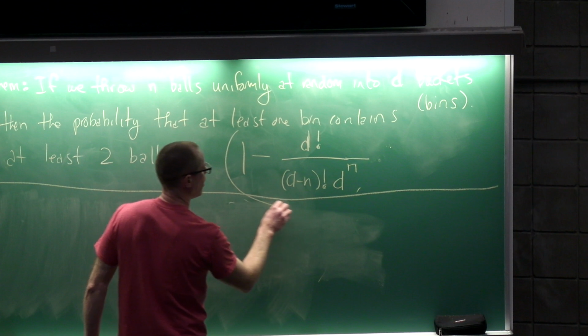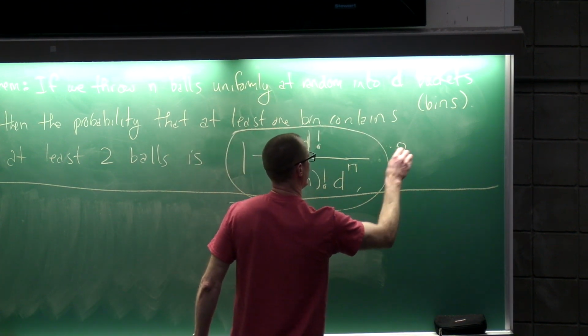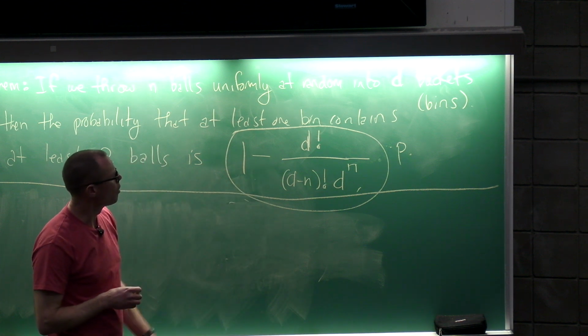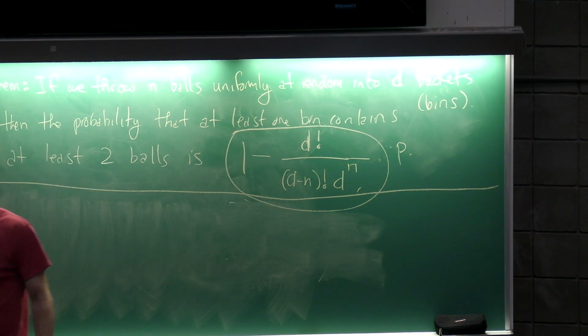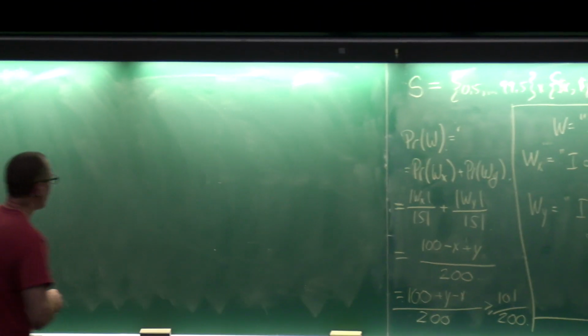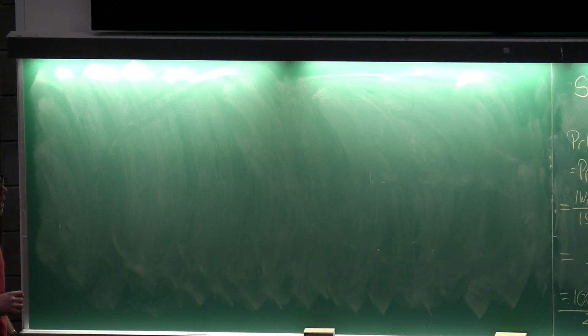Let's call this P. It's the probability of getting 2 people with the same birthday on this special planet where there's 365 days a year and the population is N, or this planet where there's D days in a year and the population is N.